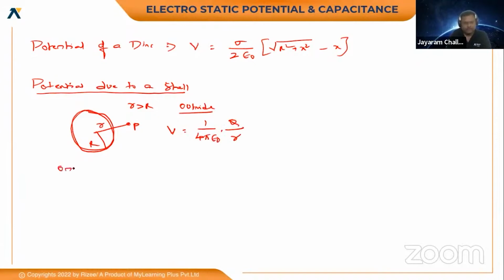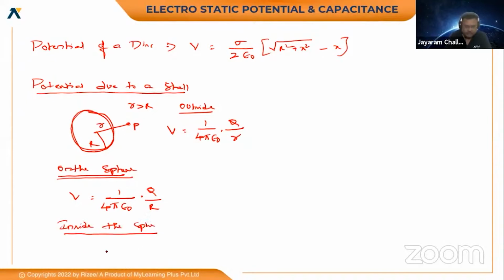Next, on the sphere, potential V is equal to 1 by 4 pi epsilon naught Q by capital R. Next, inside the sphere, it will also be the same value, V is equal to 1 by 4 pi epsilon naught into Q by R, because it remains constant. Since inside the shell the field is 0, V is equal to the integral of E bar dot dr, which will be equal to 0.